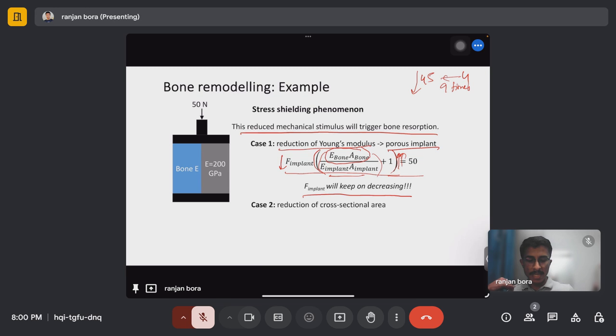Or in the second case, we can reduce the cross-sectional area of the implant. Again, if we reduce this cross-sectional area, then this term will be increased and F implant will be decreased.